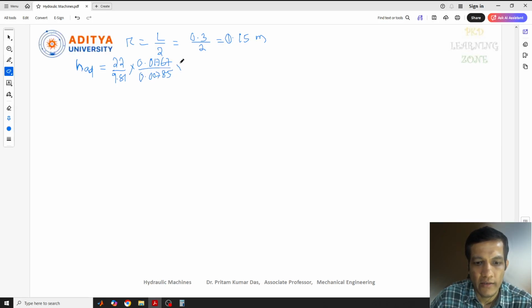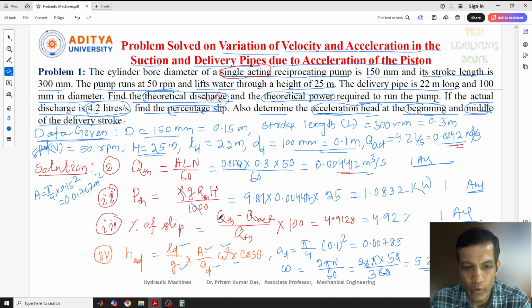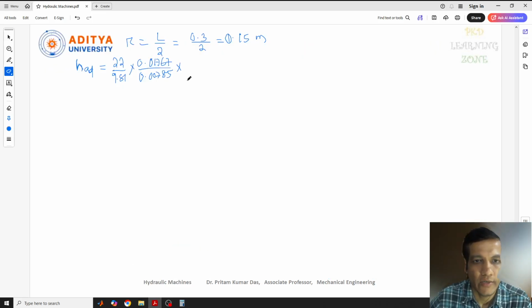And this into omega square. Omega here I had written only 5.2, but actually some more digits were there, so omega is 5.23 square, and r is 0.15 into cos theta.